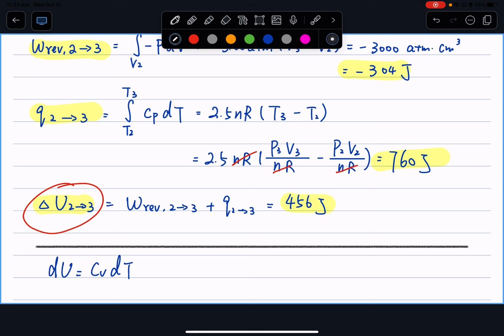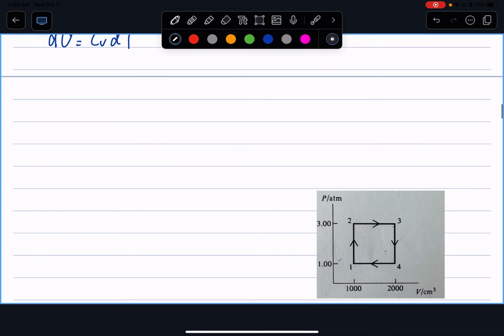All right, and then let's move on from 3 to 4. So this one, I'm going to start to ask you questions. What is kept constant for this process? Volume, right? So what's the name for a constant volume process?